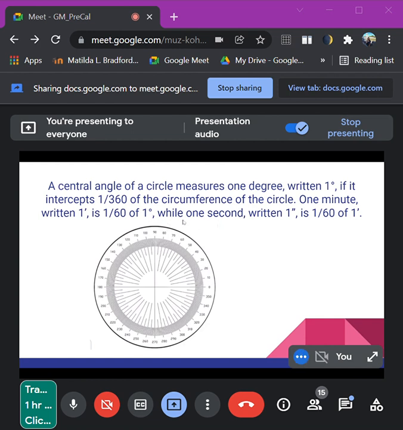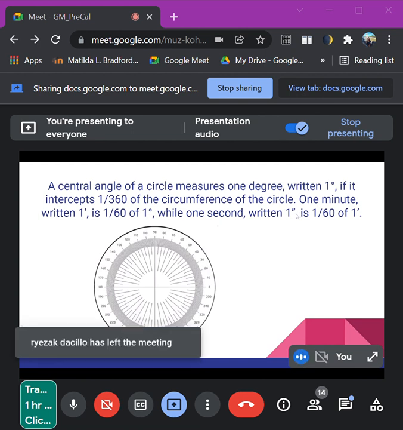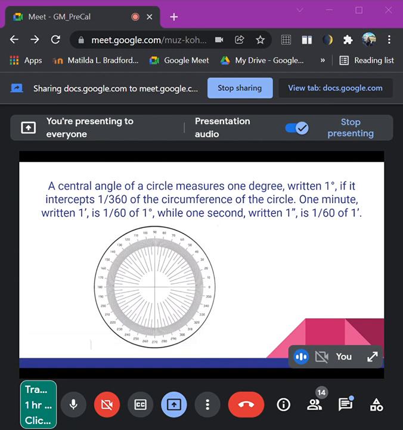And then, the 1 second is written like this, with two apostrophes, what do you call this, class? Two apostrophes. It is written as 1 second, and that is 1 over 60 of your 1 minute. Okay?